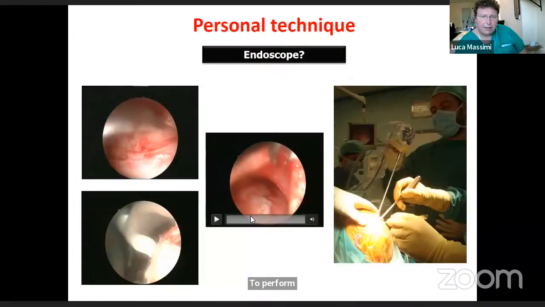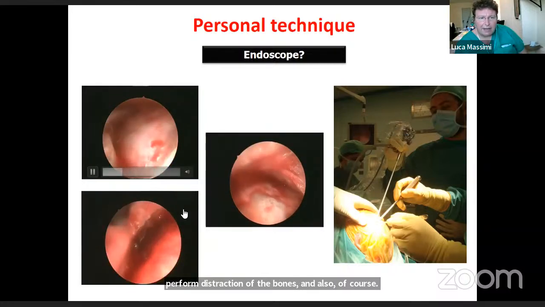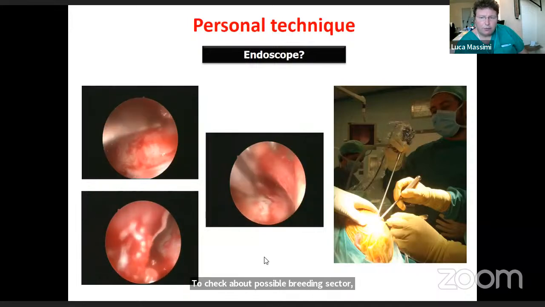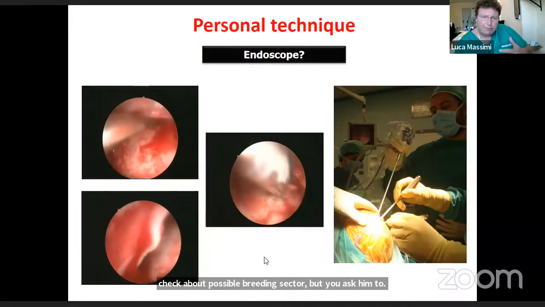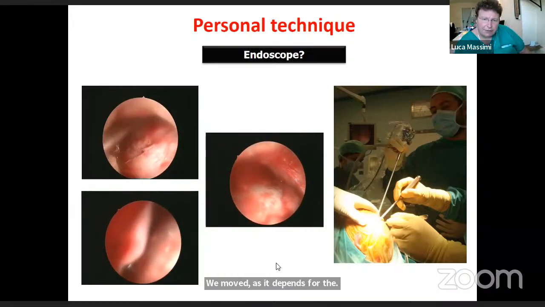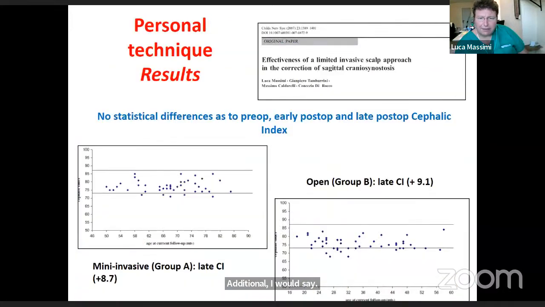Of course, if you need, you can put also the endoscope inside to check for possible bleeding, or to dissect the periosteum or to remove the sutures, as it happens for the traditional, I would say, endoscopic strip craniectomies, but this is not mandatory.